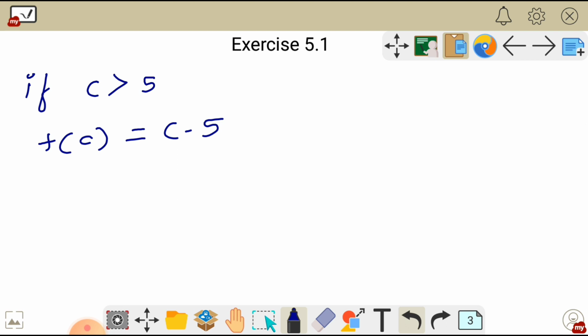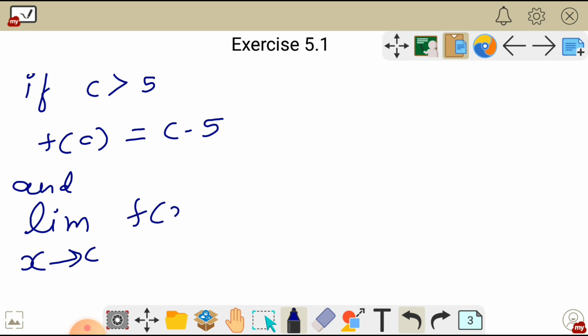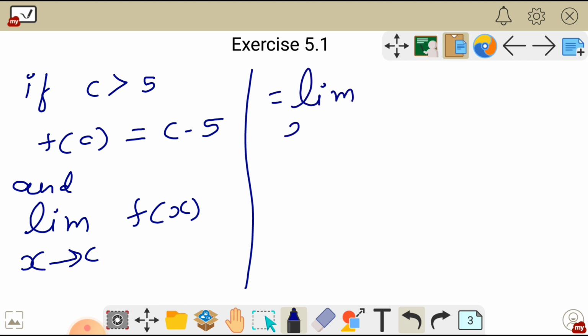And now limit x tends to c, f of x is equal to limit x tends to c, x minus 5, which is equal to c minus 5.